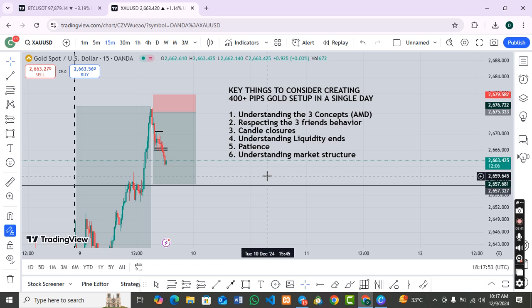Then the next thing you are supposed to understand is liquidity ends. When I say liquidity ends, where is price moving from and where is it heading to? When price moves, it moves from a particular point to a particular point.